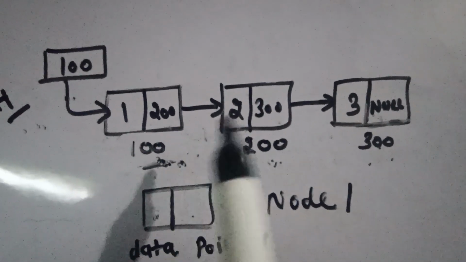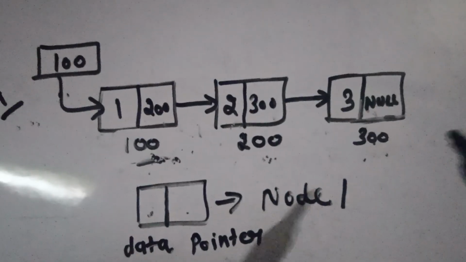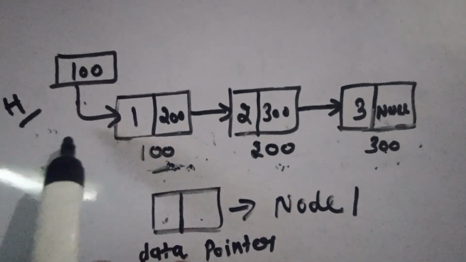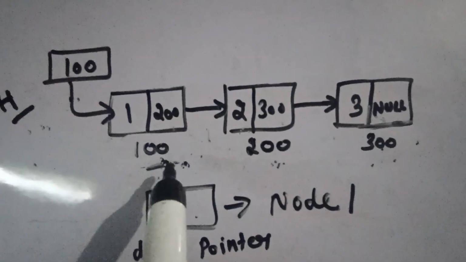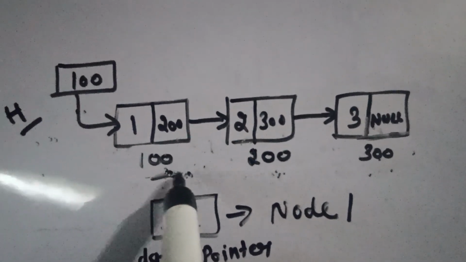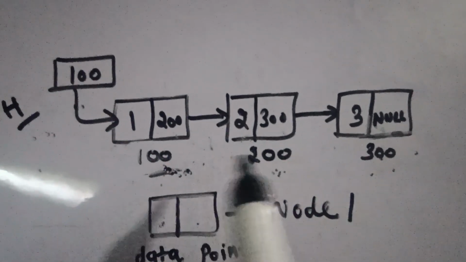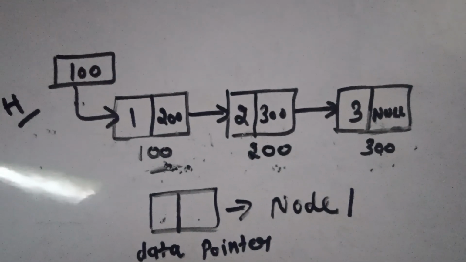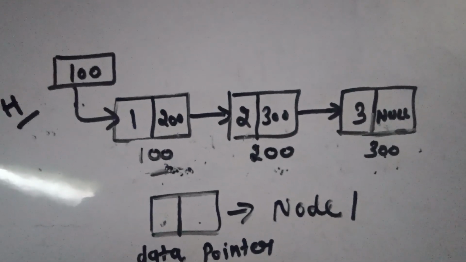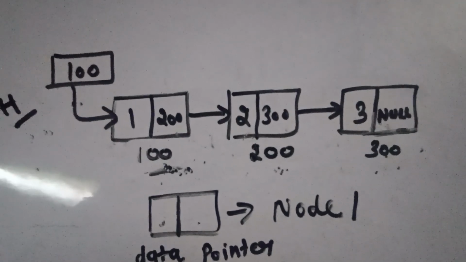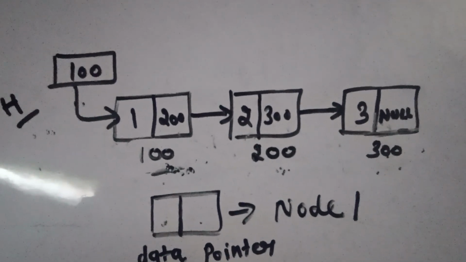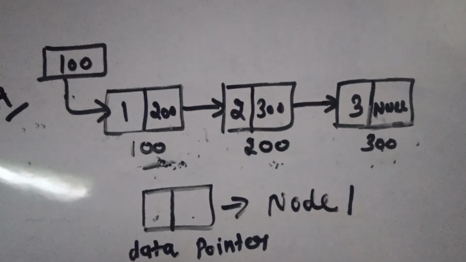Okay, and the last node in a linked list is always null, and the head in the linked list stores the address of the first node. So this is how you can make the definition of linked list on your own. If in the exam it comes to write what a linked list is, then you can explain the linked list in this way.